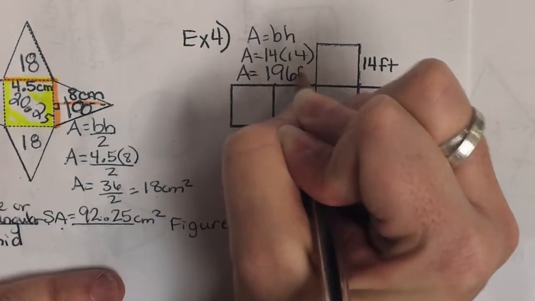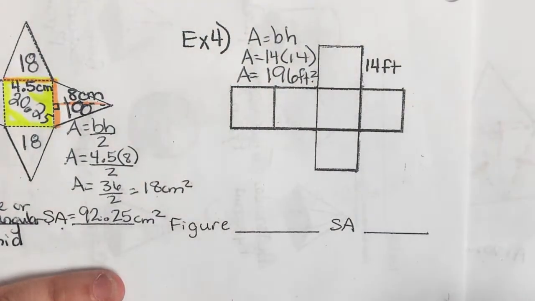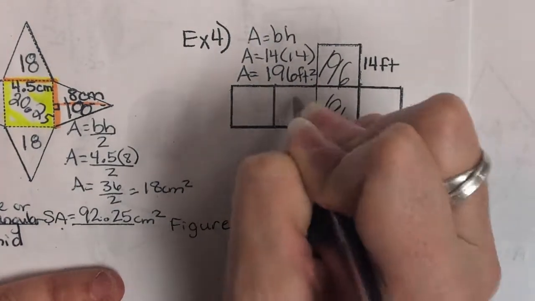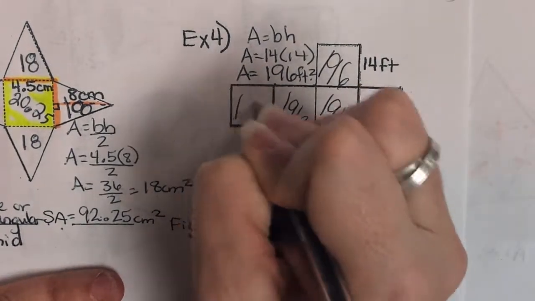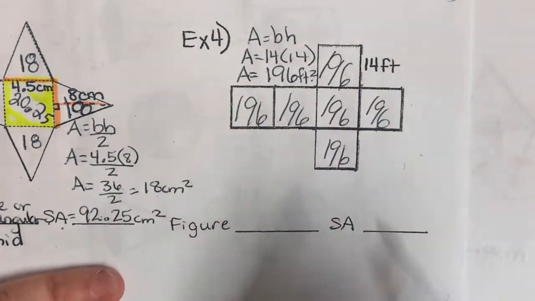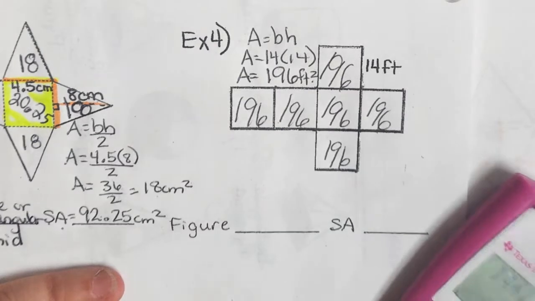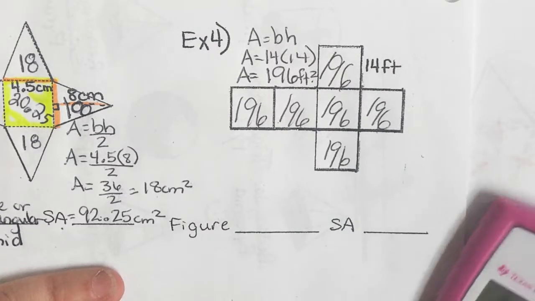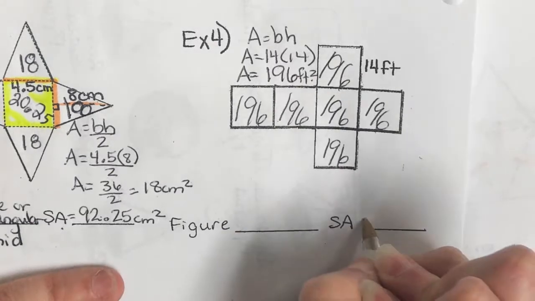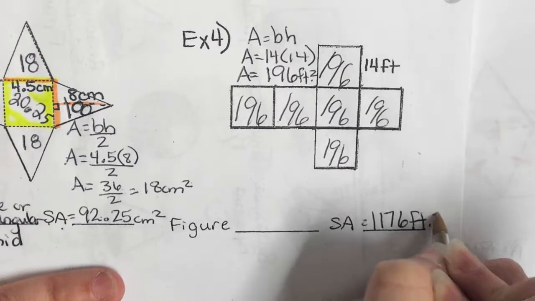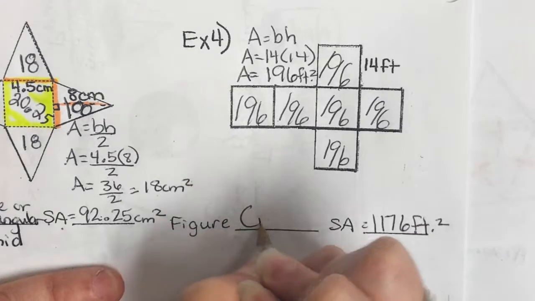And it is feet squared. Okay. So if each box is 196, I'm going to do times 6. Feet squared, and it is a cube.